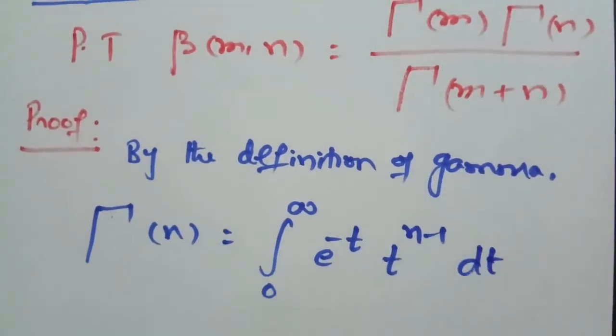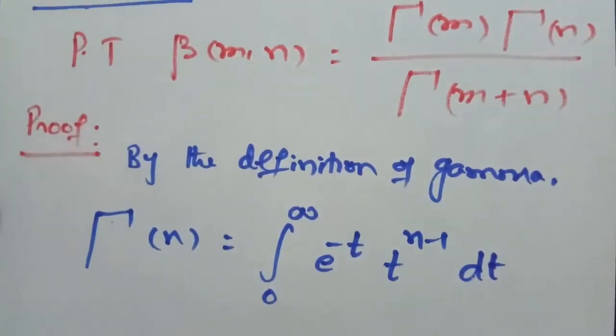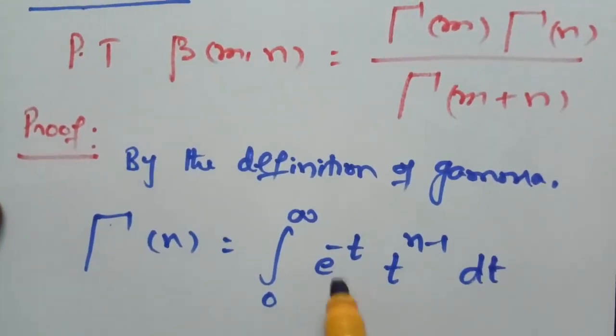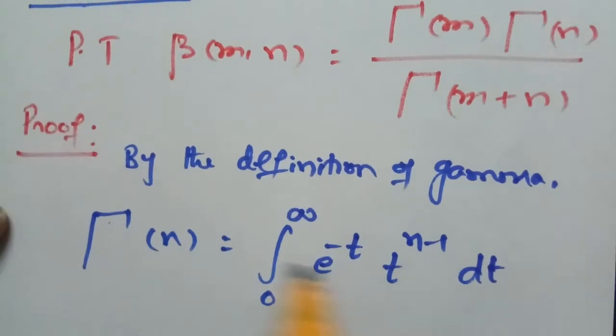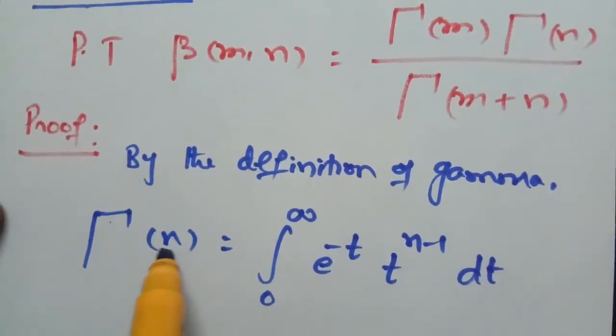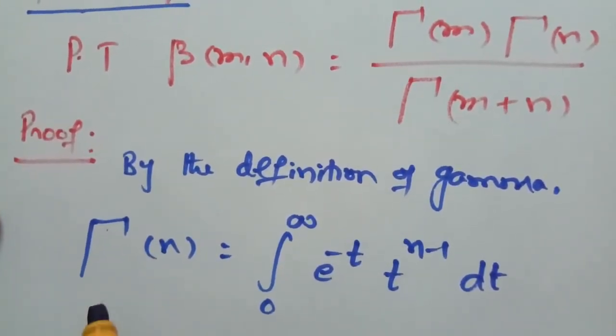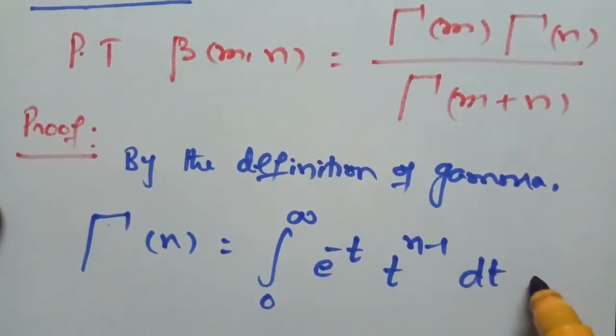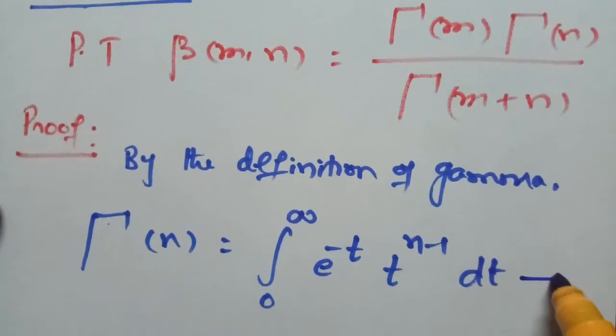For our convenience, we are writing in terms of t. You can use any variable, because after evaluation of this integration the function will appear in n only. Therefore, this is the gamma of n. Say this is equation number 1.